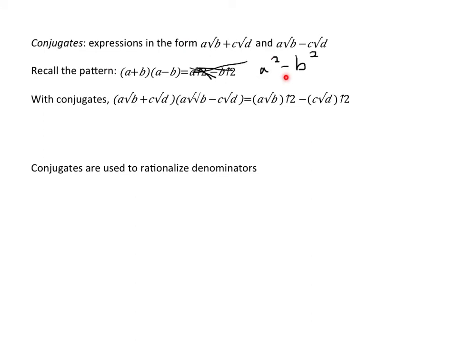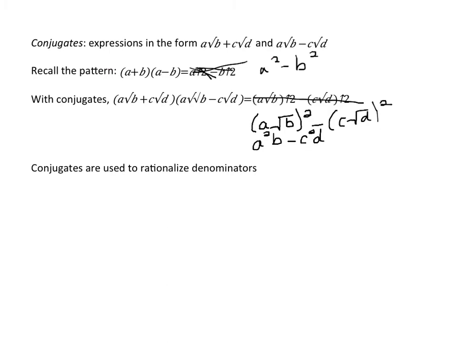What ends up happening is you get a root b squared minus c root d squared. As we simplify this, it ends up being a squared times b minus c squared times d.